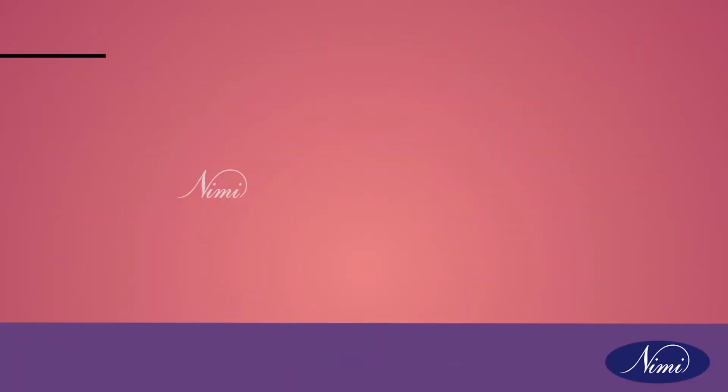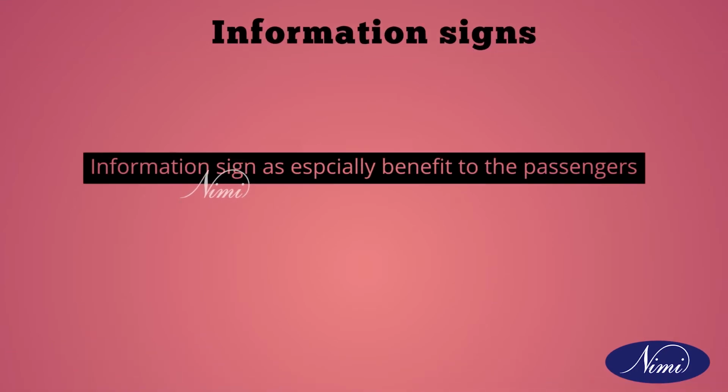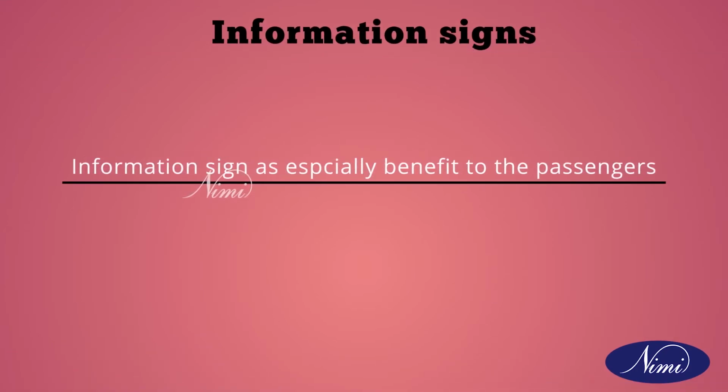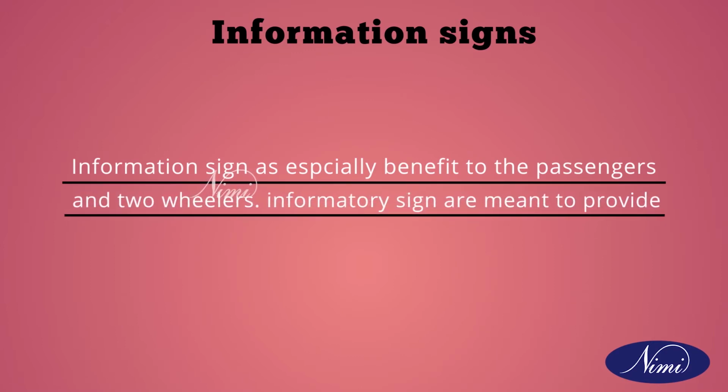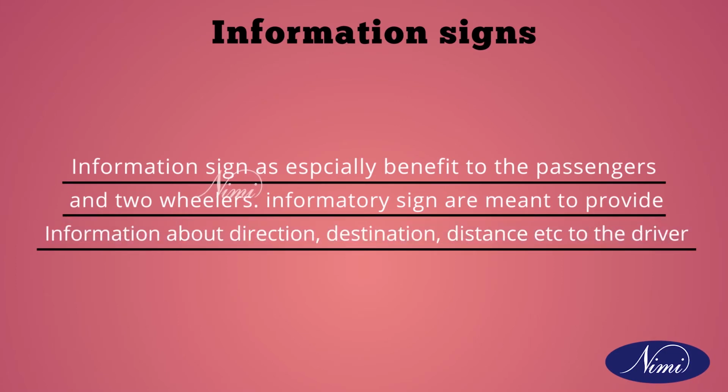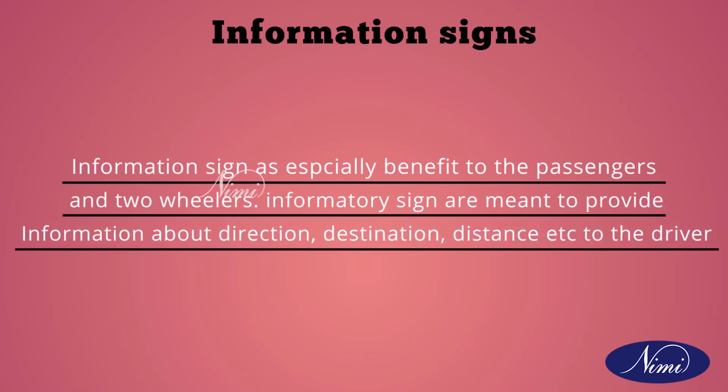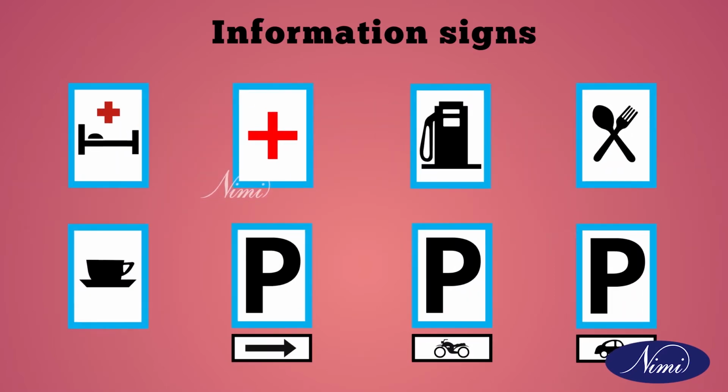Next one is information signs. Information signs are especially beneficial to the passengers and two-wheelers. Informatory signs are meant to provide information about directions, destinations, distance, etc. to the driver. Information signs are normally blue in color.